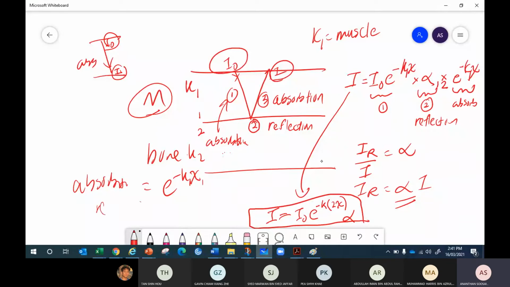Whenever reflection happens, just multiply by alpha. Always write the final I in terms of the original I naught. What you write at the side is: absorption means e negative Kx, reflection means alpha, absorption again e negative Kx, and so on. So you got the idea? Any questions you don't understand?